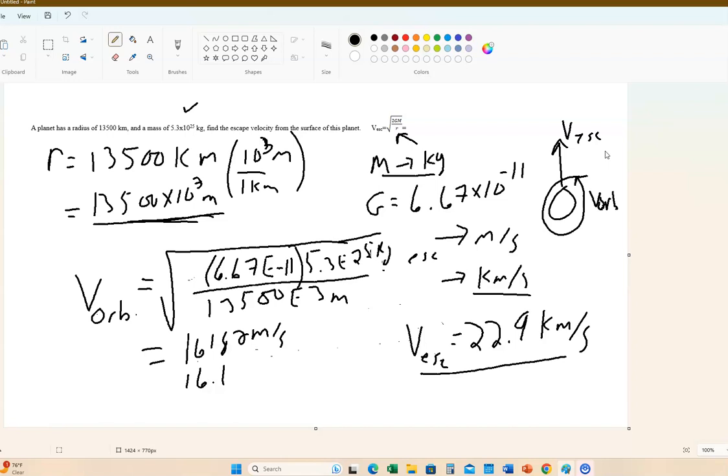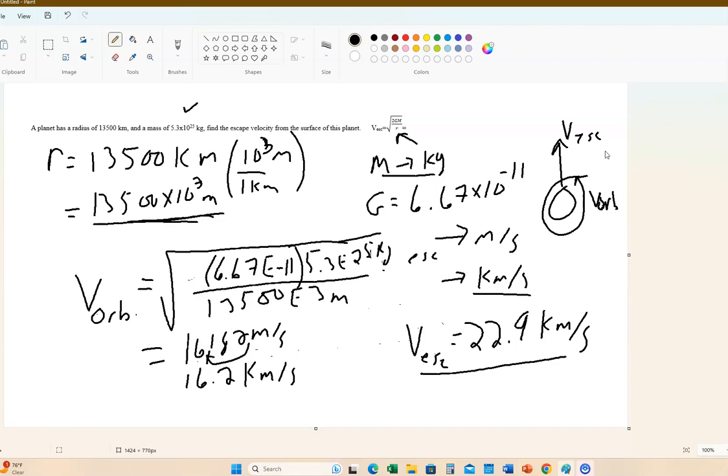I'm sorry, I messed that up. It would be 16.2, right? Because the number after the 1 is an 8. So it would be 16.2 kilometers per second. We just moved the decimal place 3 places to the left.